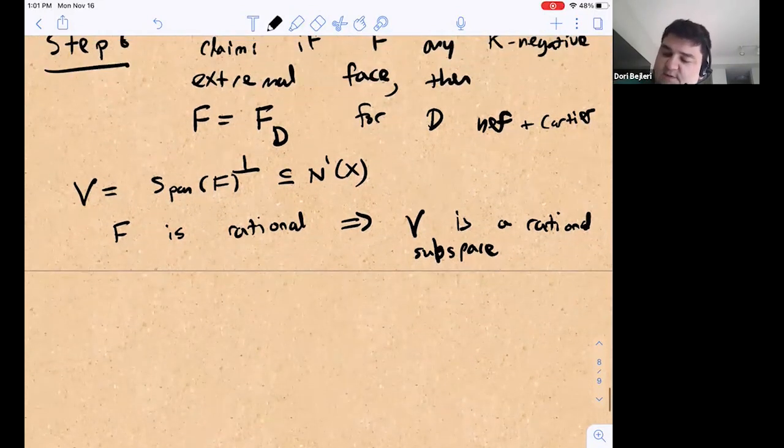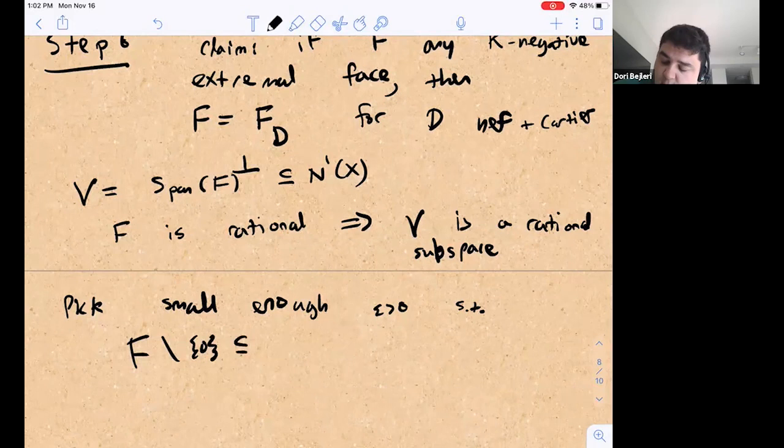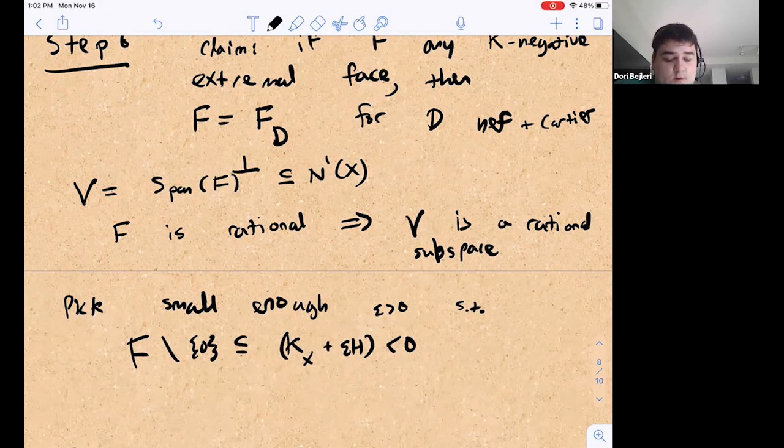Okay, so now let's pick some small enough epsilon so that this particular face is still on the negative piece of our epsilon ample perturbation. And now, let's draw a picture.